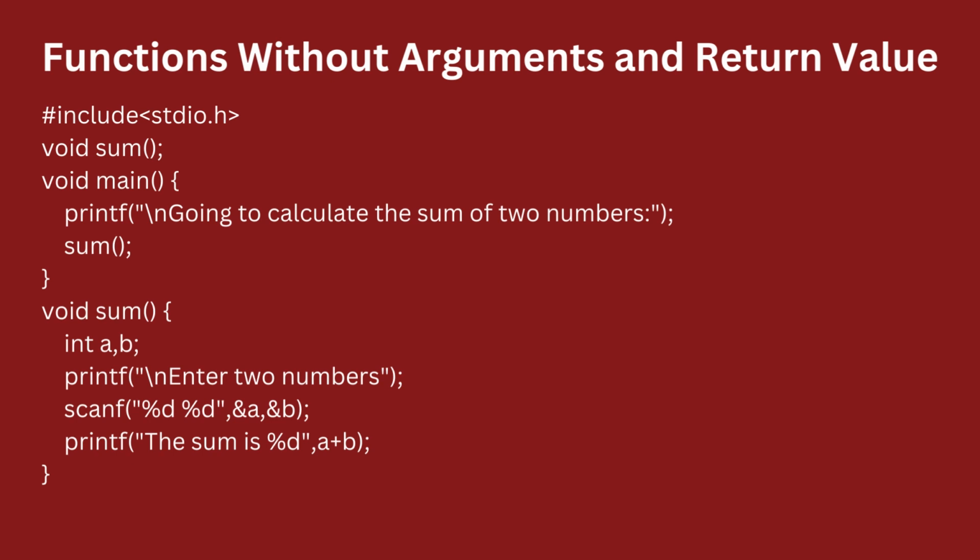The first declaration, we can skip that declaration statement of a function, but at that time we need to place the function definition at the top of the main function, before the main function. So we can do it like this also, without the declaration.